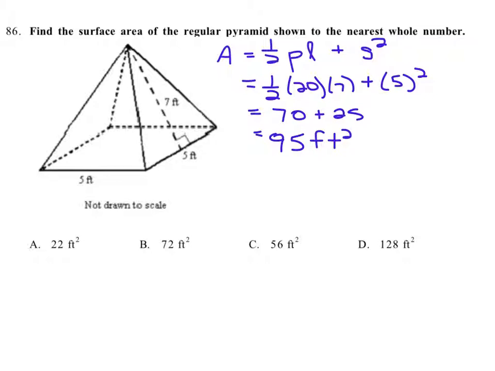I would love it if you would correct me, but let me just go through a couple more calculations real quick, just to make sure. Let's say the base times the height of one of these triangles.